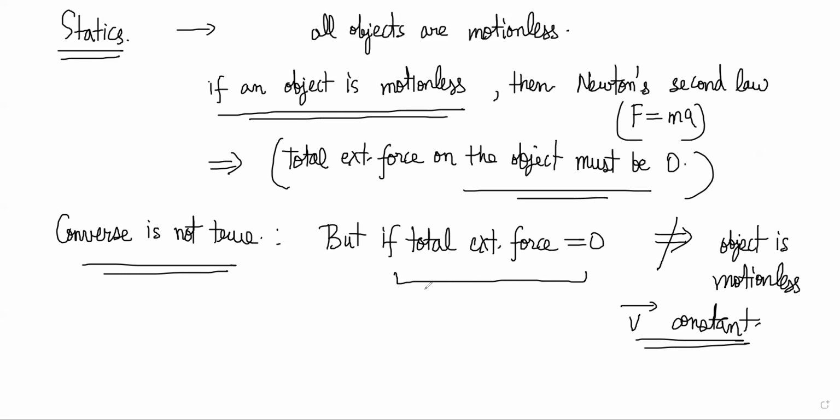So we will not deal with the situation where the object is moving, because right now we are talking about purely statics, right? So in this statics situation, the entire goal in a statics problem is to find out what the various forces have to be so that there is zero net force acting on each object.